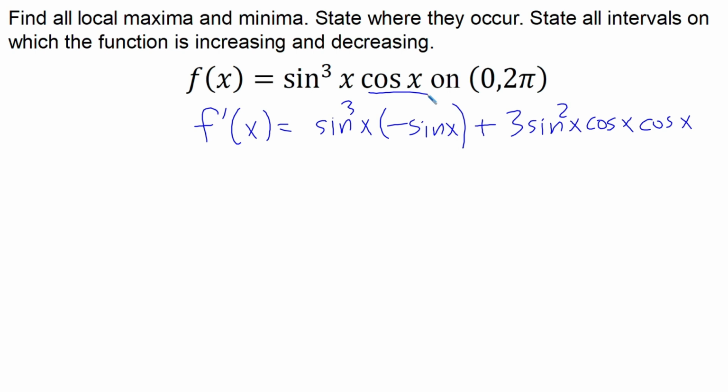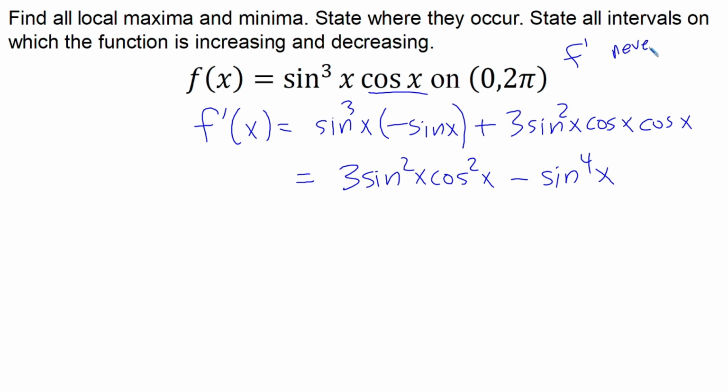So simplifying that down, we'll put the second one first: 3 sine squared x cosine squared x minus sine to the 4th of x. And that's never undefined, because sine and cosine are defined for all real values, right? F prime is never undefined.